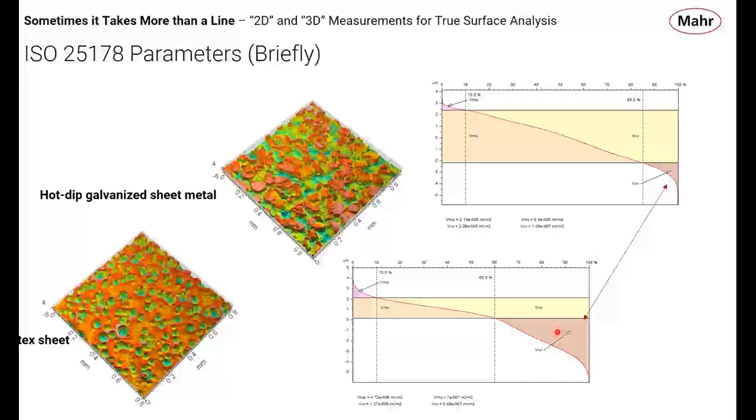If anybody has questions about what the Abbott-Firestone curve is, we can talk about that afterwards. But briefly, the x-axis is percent and the y-axis is our height, our cut height, as we call it. At the top, it's 0%, and it starts at the highest height.